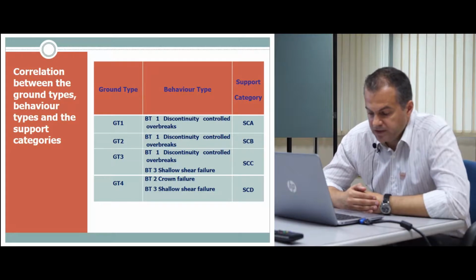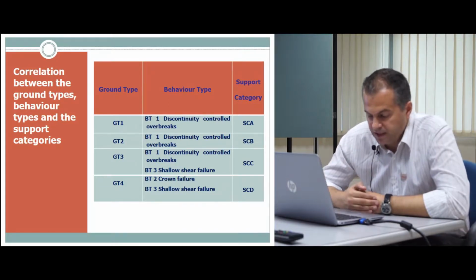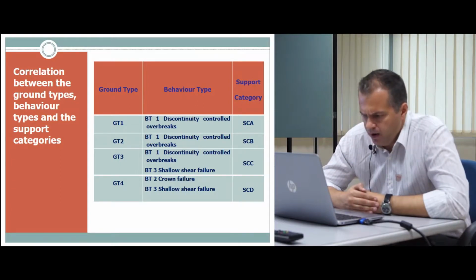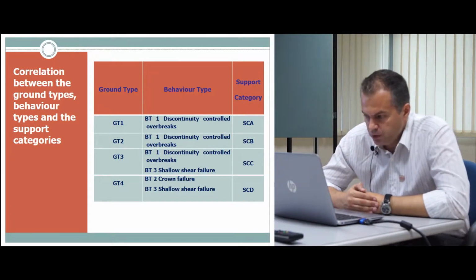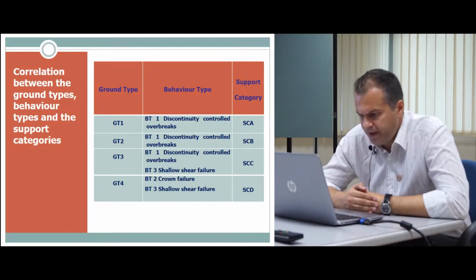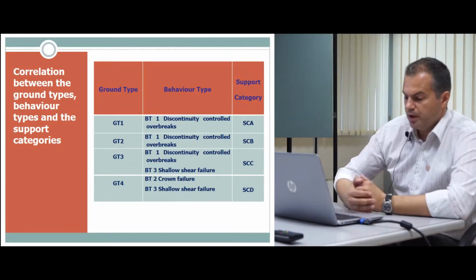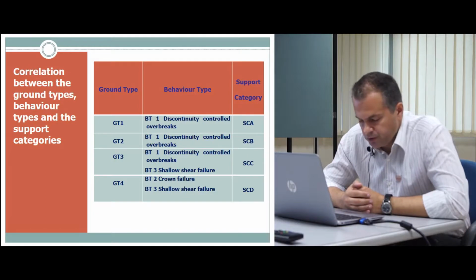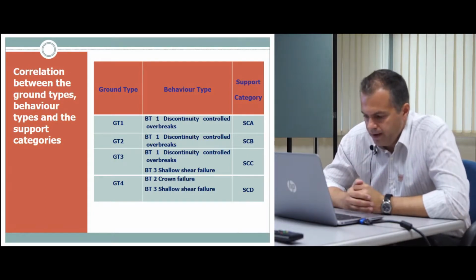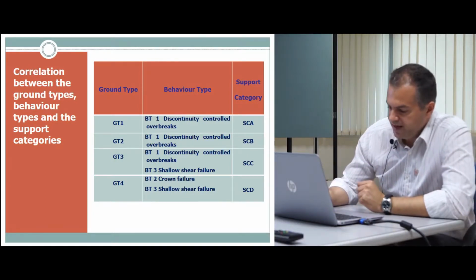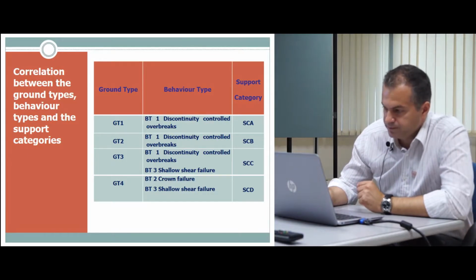So we need some face stabilization measures, and of course some small extrusion of the face in the last case of the shallow shear failure. Also, depending on heavy fracturing of the face, some small blocks may also slide and break from the face.